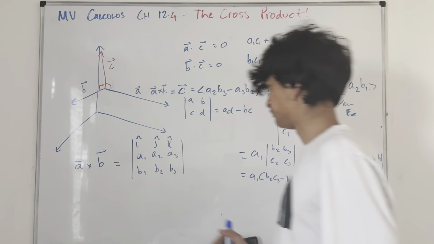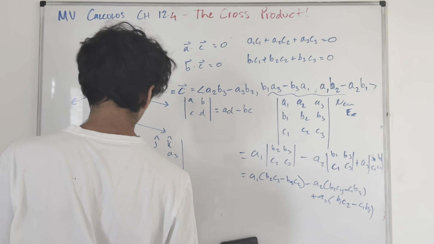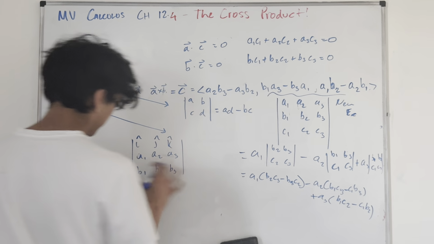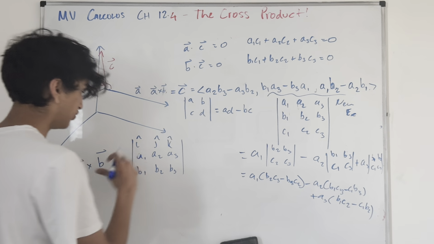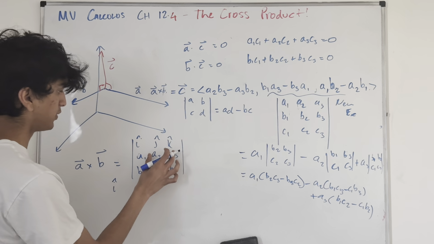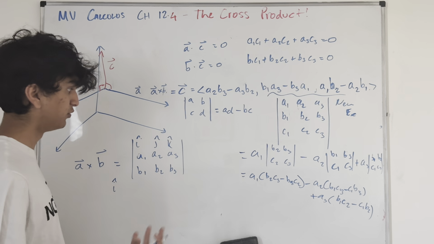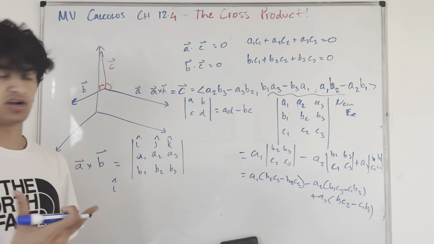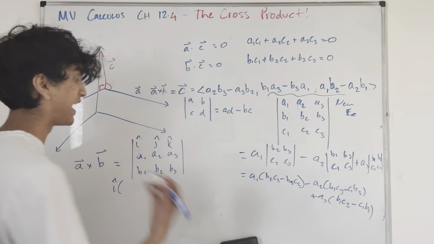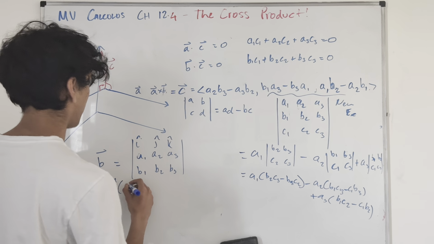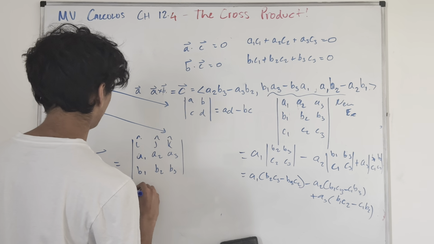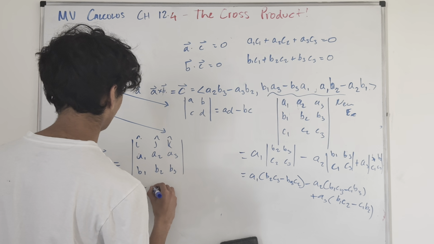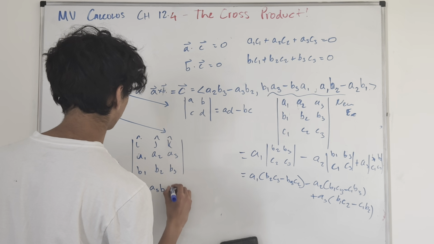When I do this, I get I hat times the determinant of A2, A3, B2, B3. I could write that out, but I'm trying to save time, so I'll evaluate it in my head: A2 B3 minus A3 B2.